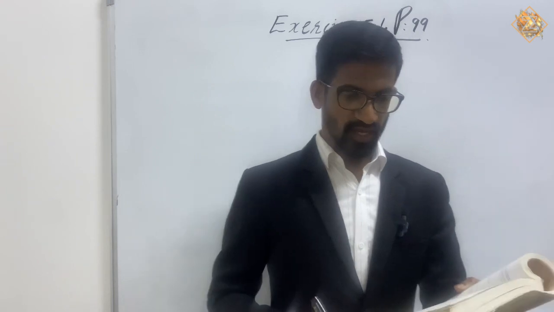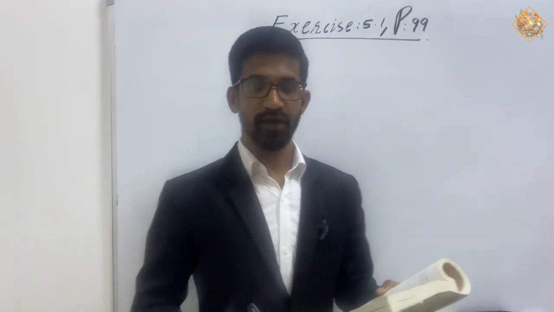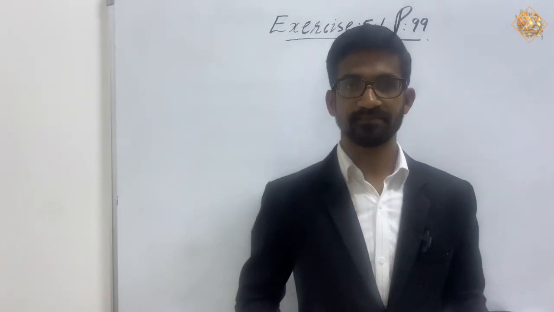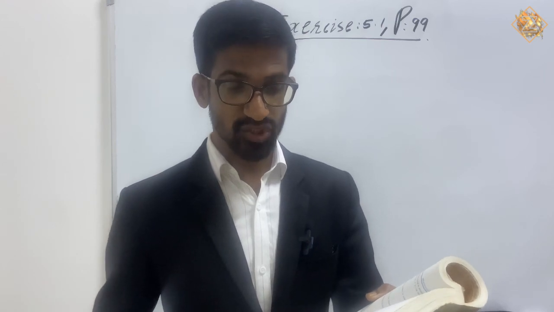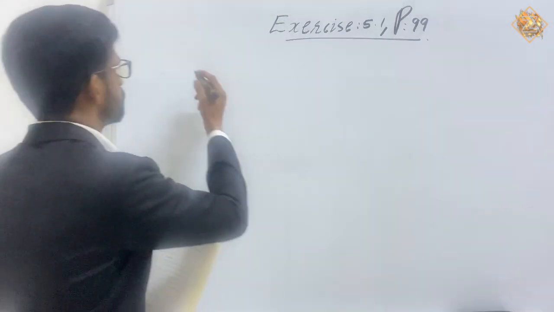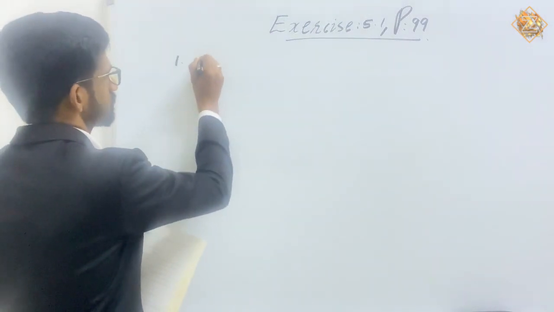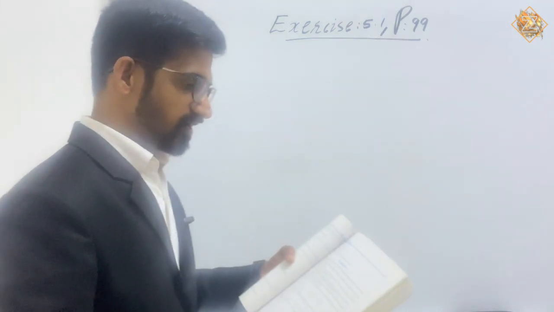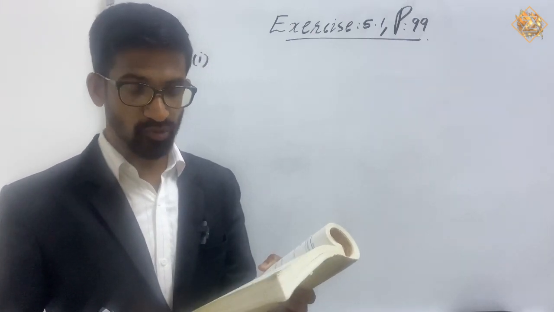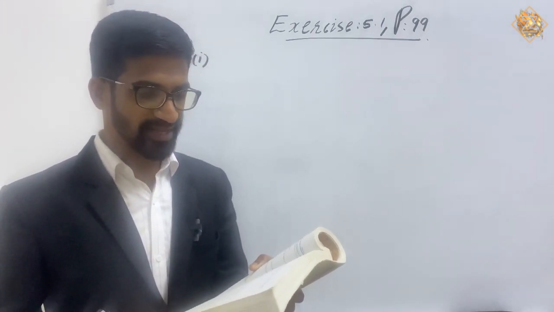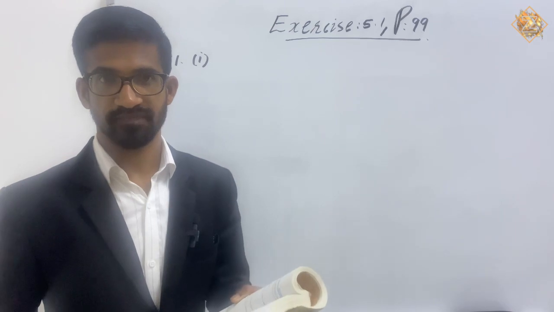Okay, students. Now please look at your textbook, exercise 5.1 of page number 99. In this first question, in which of the following situations does the list of numbers involved make an arithmetic progression and why? In that first one, the taxi fare after each kilometer, when the fare is rupees 15 for the first kilometer and rupees 8 for each additional kilometer.